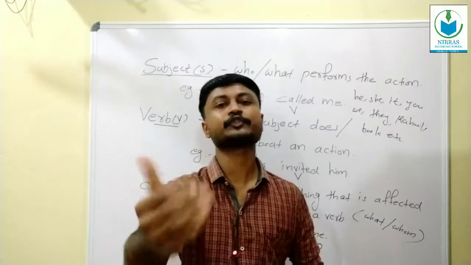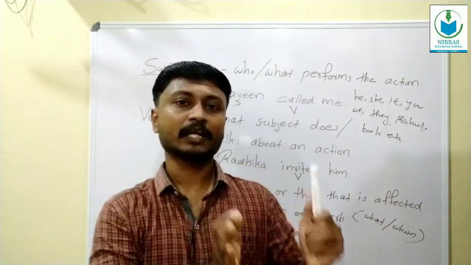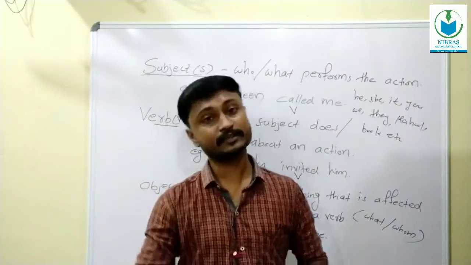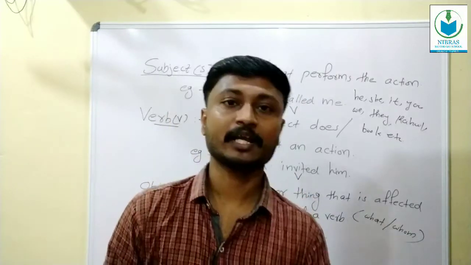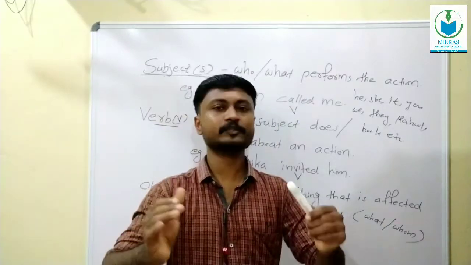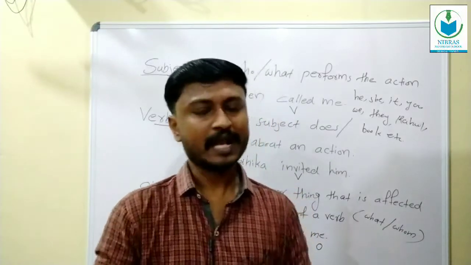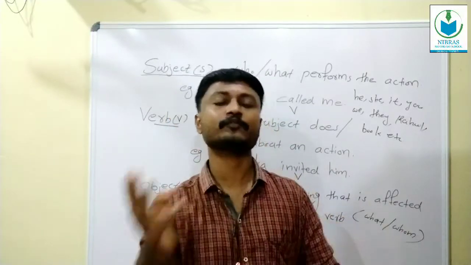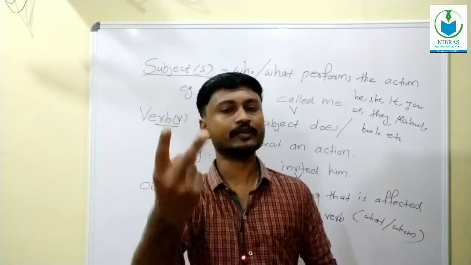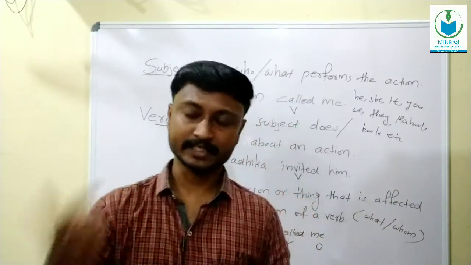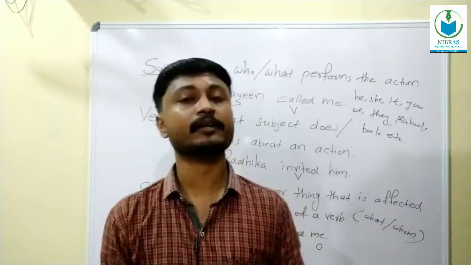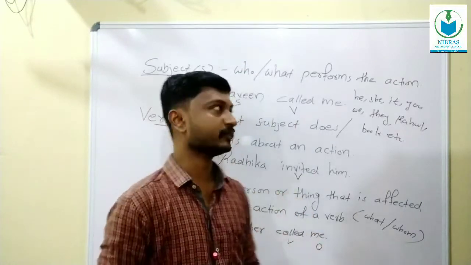Went is the V2 form, and gone is the V3 form of the verb go. Right? Every verb has these three major forms. And in addition to these three forms, there are two more forms. What is that? Yes, the ing form and s form of the verb.